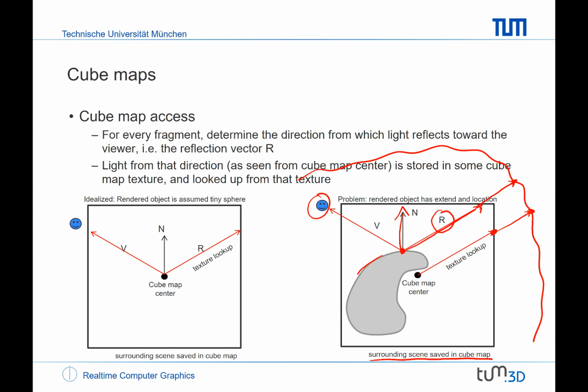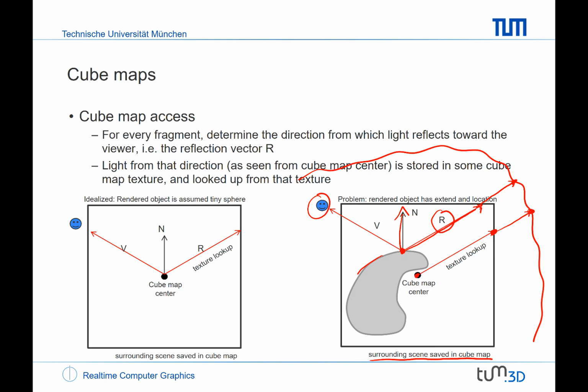The reason for that mismatch is that in the cube map generation, we only consider the direction of the reflection vector R with respect to an infinitely small circle or sphere at the cube map center, but we do not consider the translation of that direction vector in 3D space.